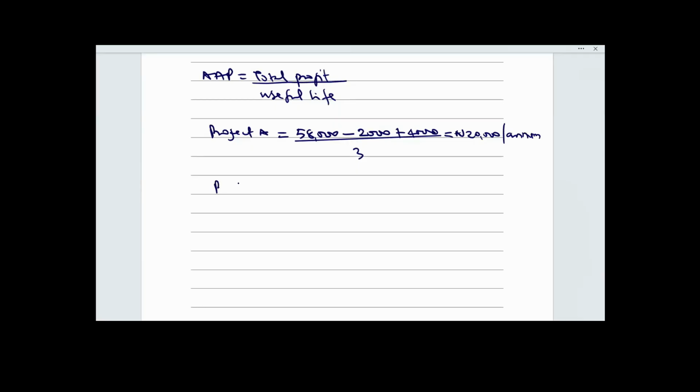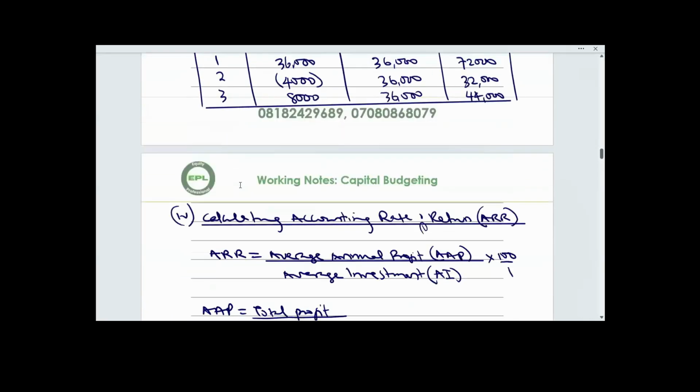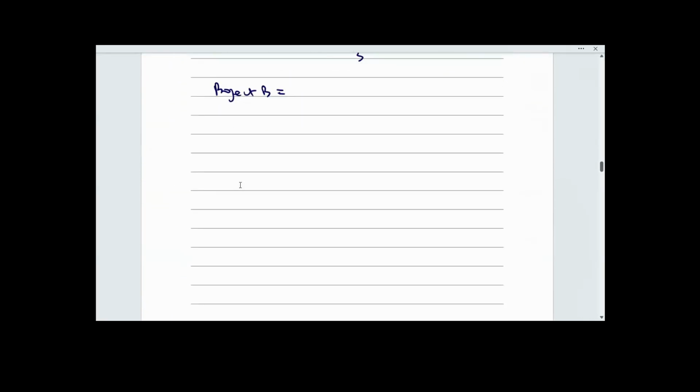Then for project B, the first year profit of project B is 36,000. Here is 36,000 minus a loss of 4,000 naira plus a profit of 8,000 naira.